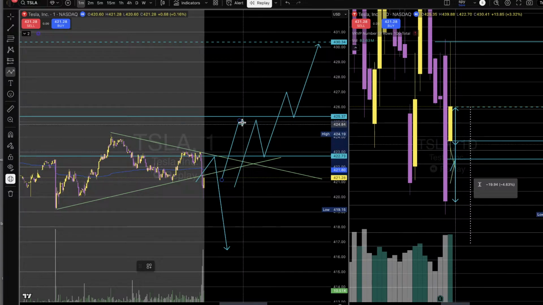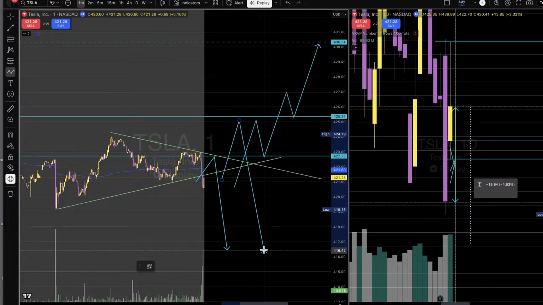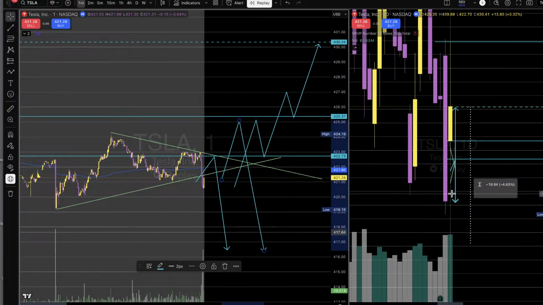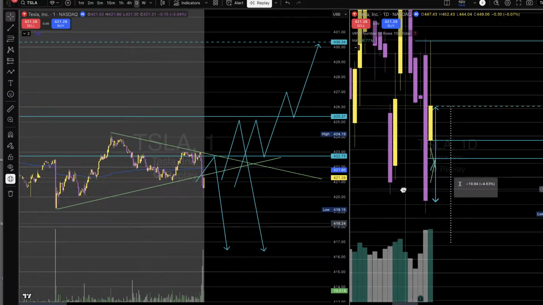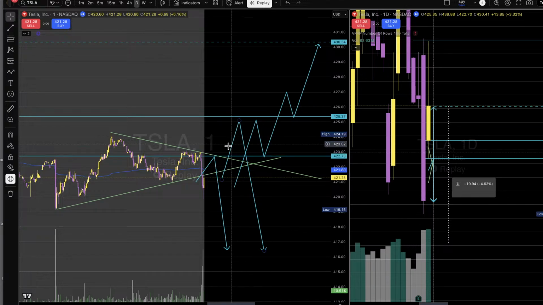So it could fail this wick and go through it and reject the body. The rejection of the body is a little stronger, and we can reach down to cover the body of the other candle. That gives us this room to move. Yeah, so I first will try this one and then this one.